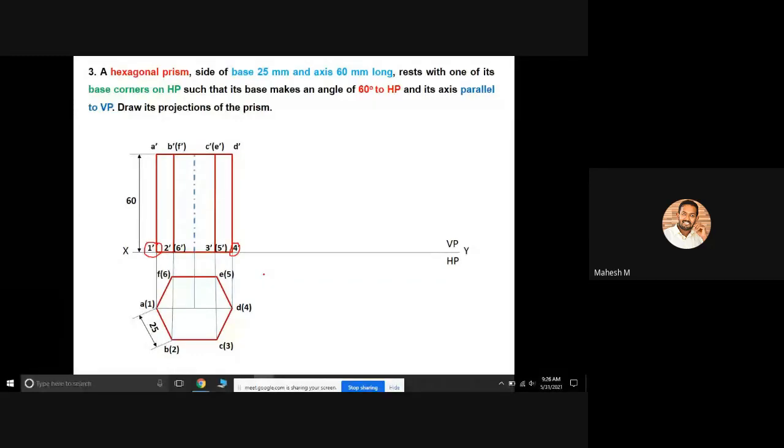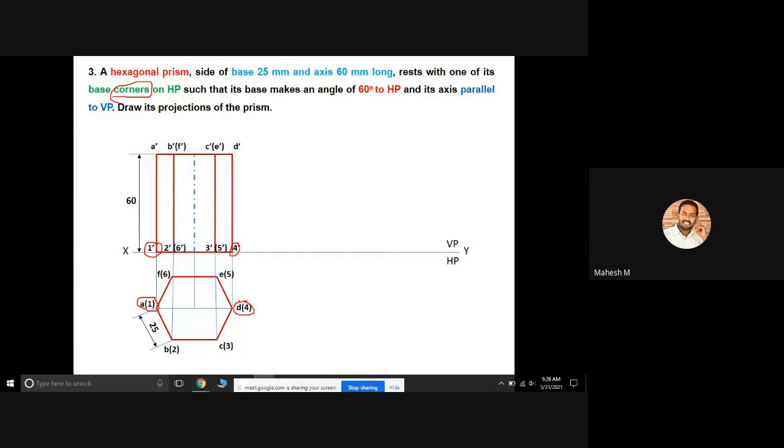So in our previous problem, it is a pentagon. So we have to pick only the particular point. Whether it is a base, you have to pick a corner directly opposite to the base. If it is a corner, you have to pick a point directly opposite to the corner. So here, the problem is the base corner on HP. So whether we can pick F1 or else we can pick D4, because both sides are corner.